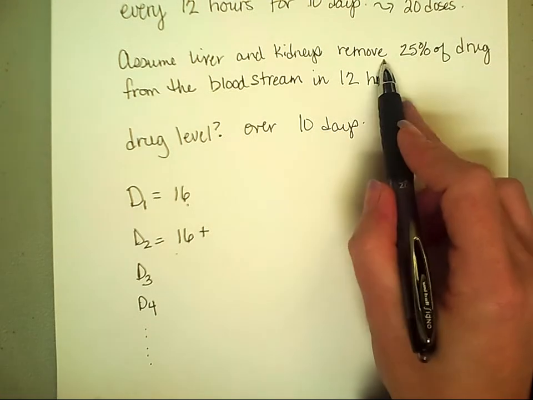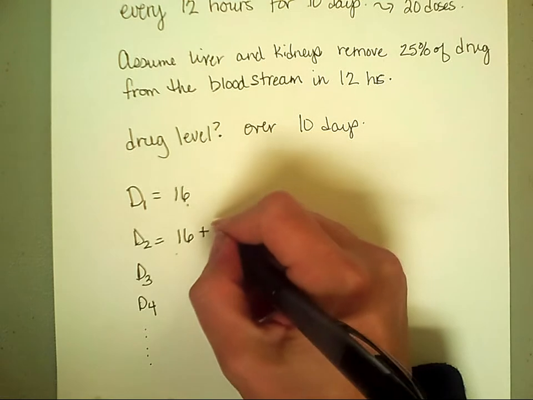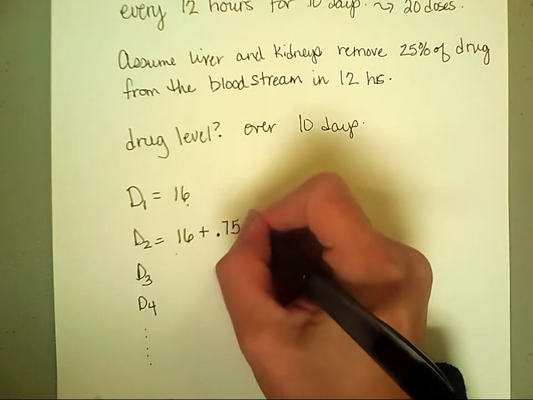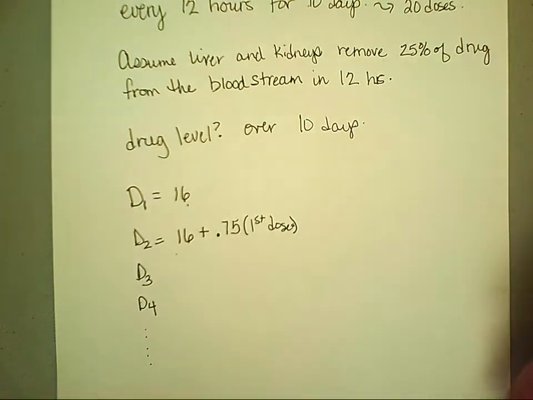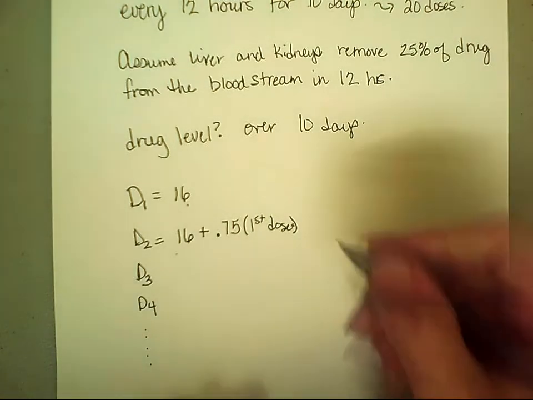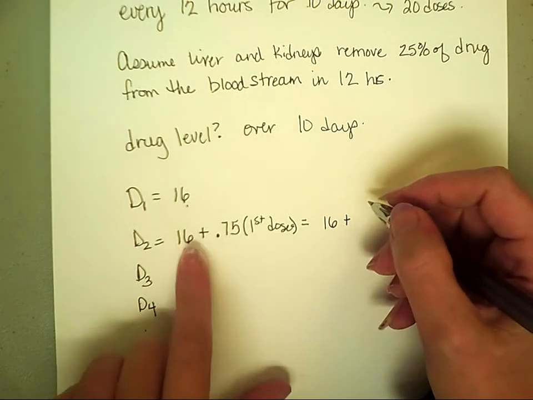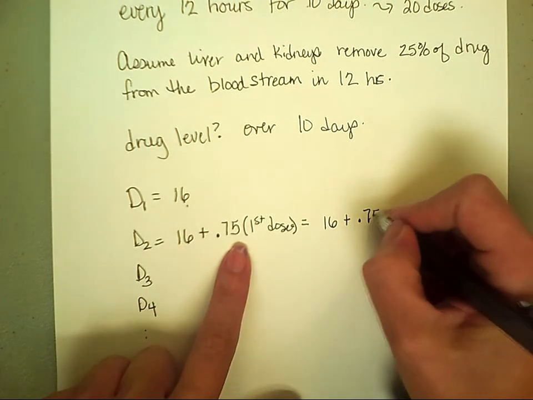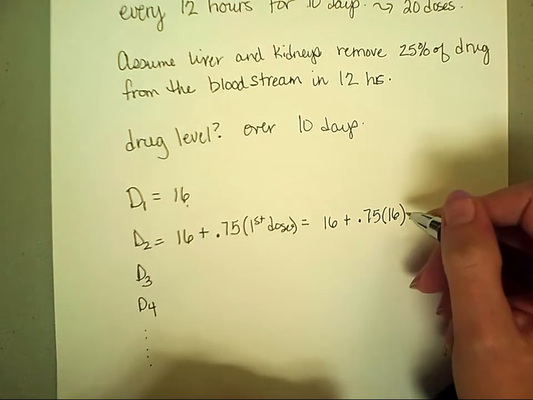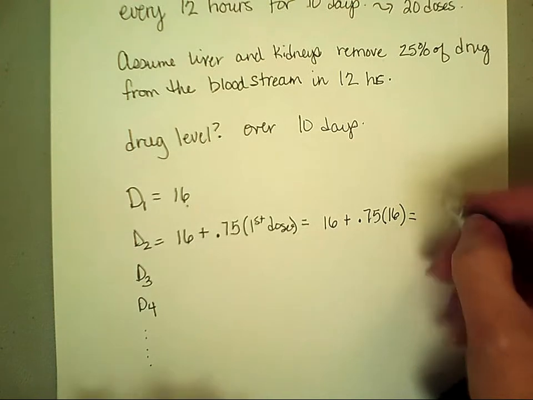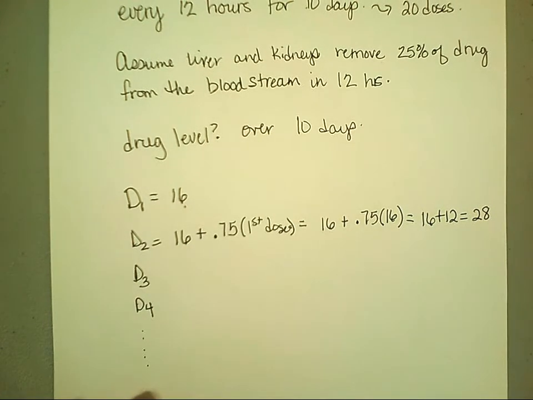If my liver and kidneys can remove 25% of the drug, that means that 75% of the first dose is still in my system. We can figure out what that is. That's 16 from our new dose, and then 75% of what we had prior, which was 16. Which is 16 plus 12, so now there's 28 milligrams of the drug in my body.